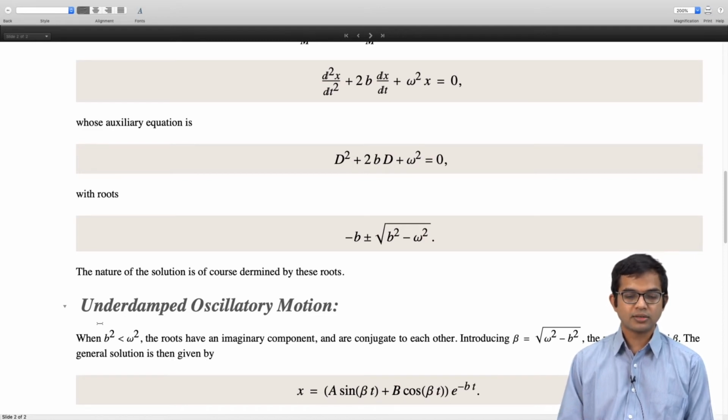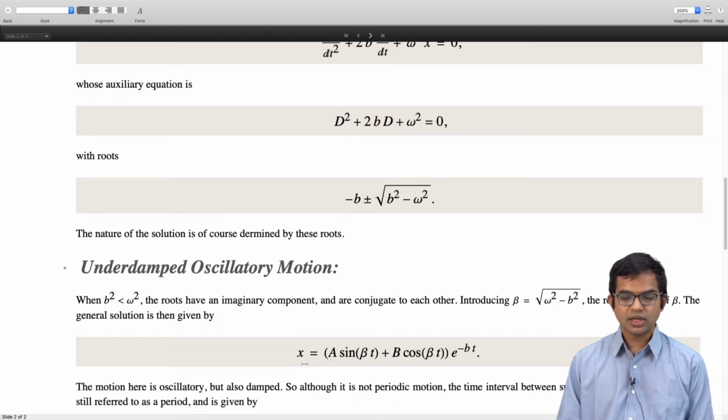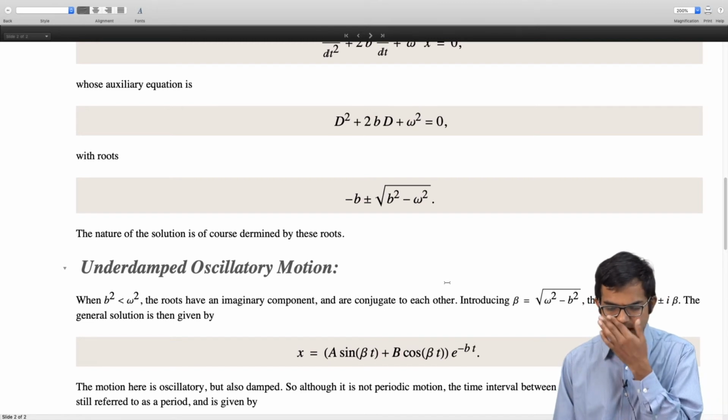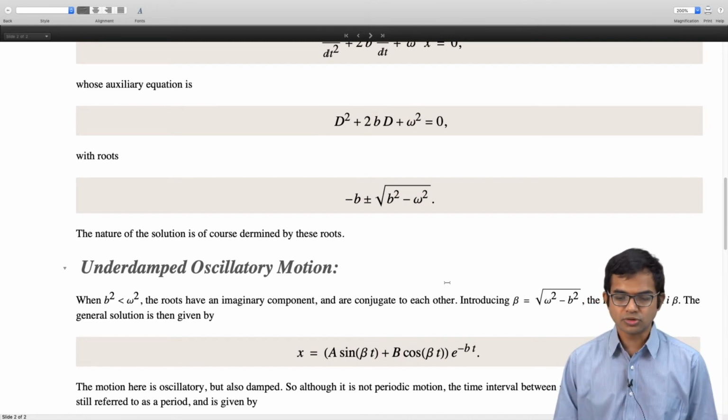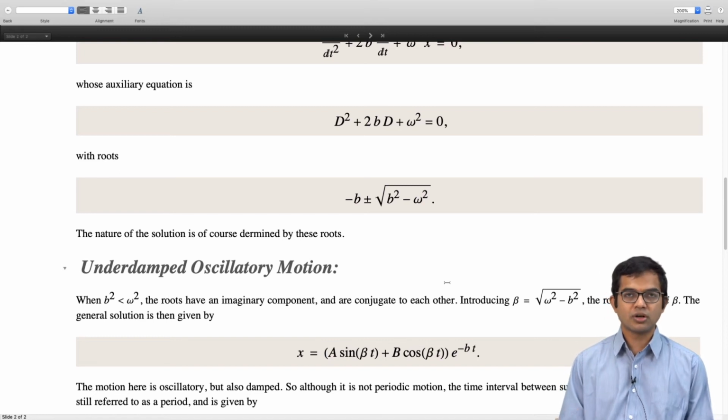So the oscillatory aspect of the motion is still retained, but it's also damped. No matter how small b is, as long as it's not 0, there is going to be a decay in the amplitude. So there is oscillatory motion, but it is damped. There is a periodicity to this kind of motion because of the oscillatory nature, although it's not really periodic in the sense that the position does not come back to exactly where it started every time period.